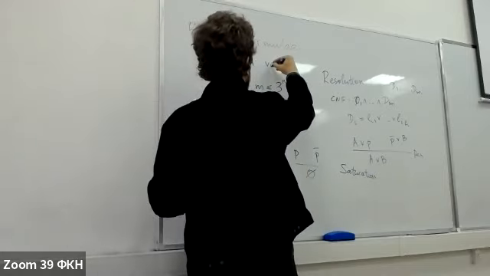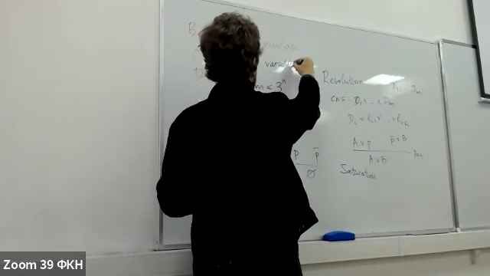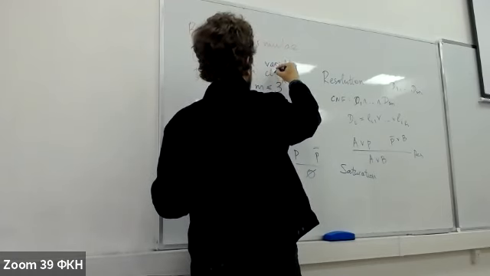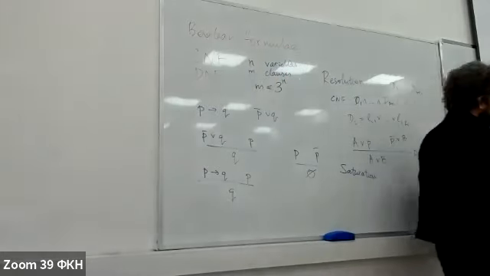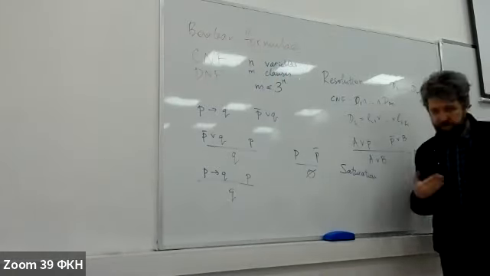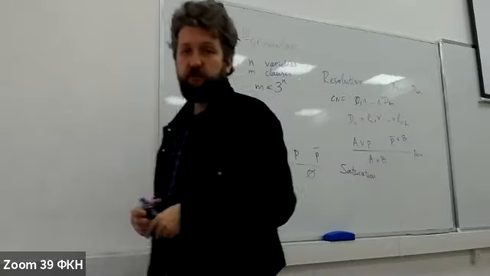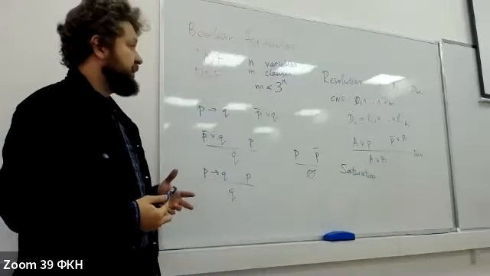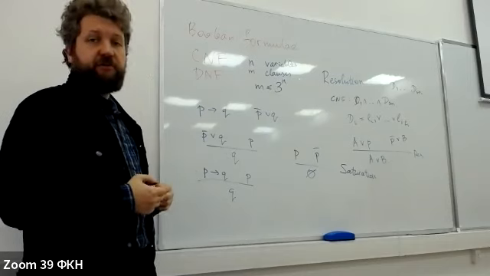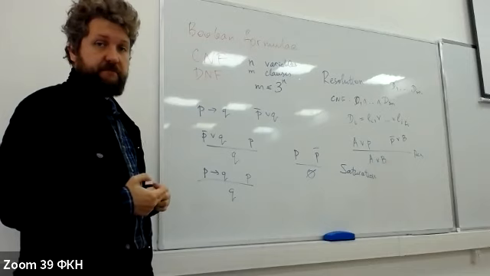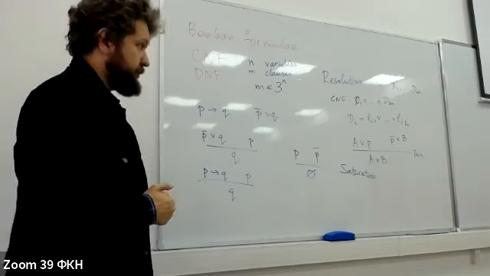N variables, M clauses. So a CNF is called saturated if there is no progressive resolution to apply. So we can apply resolutions, but they will yield clauses which are already in our CNF. So this is how it basically works.